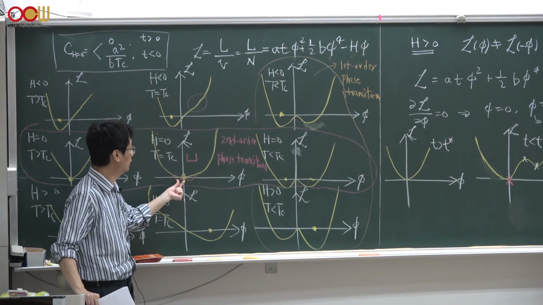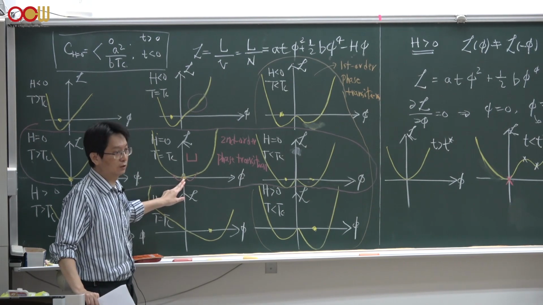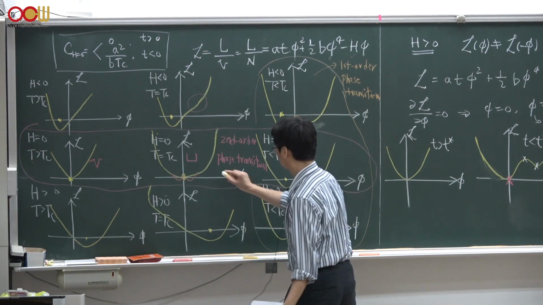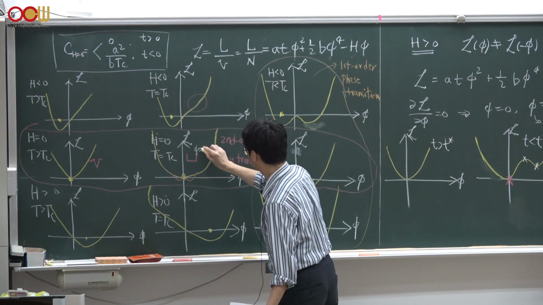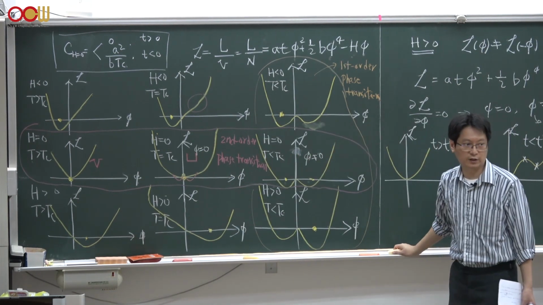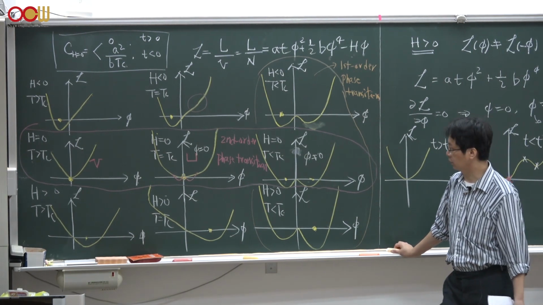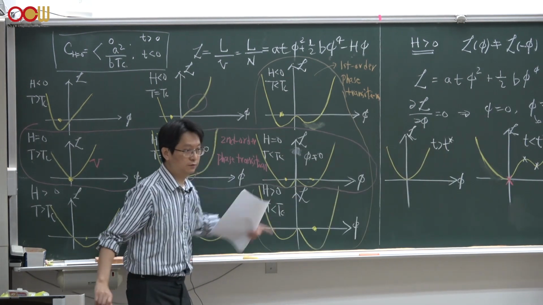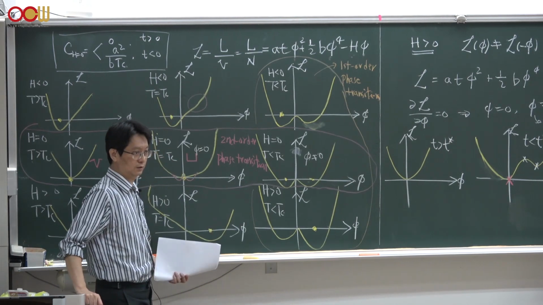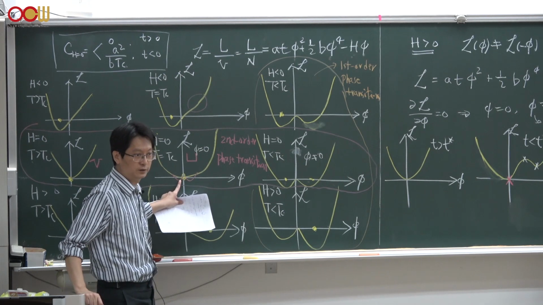So this is the continuous or second order phase transition from phi equals 0 to phi is finite. So this is phi equals 0 as your ground state, but on the right phi is finite, which means that when you cross transition temperature Tc from above, the system develops a double minima continuously, and it emerges from the single minima.